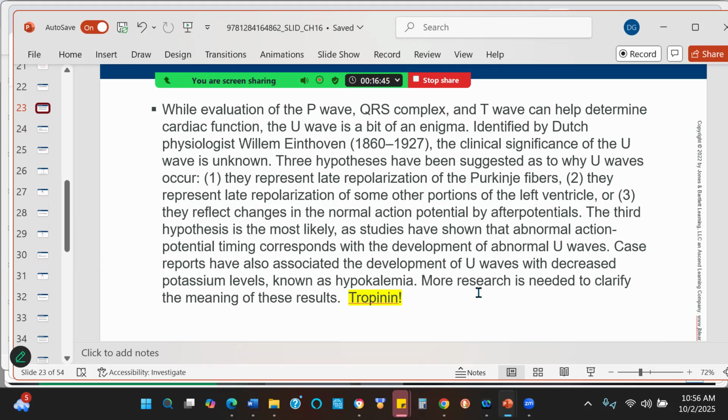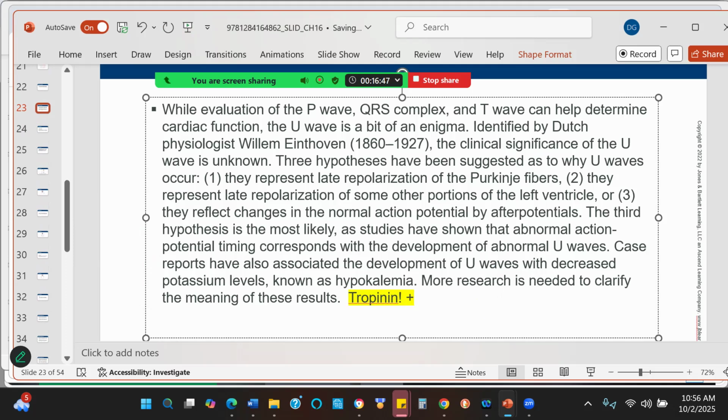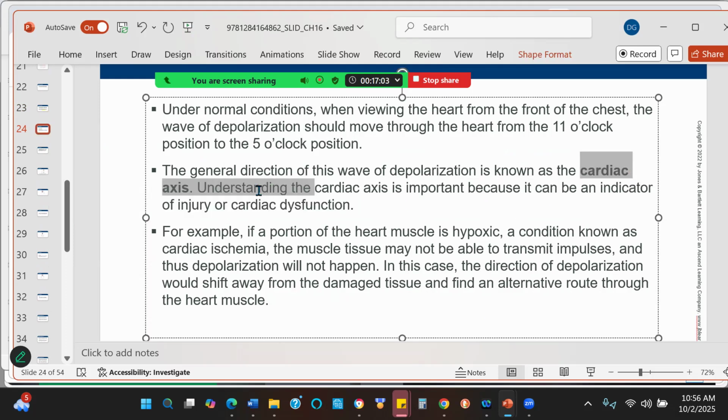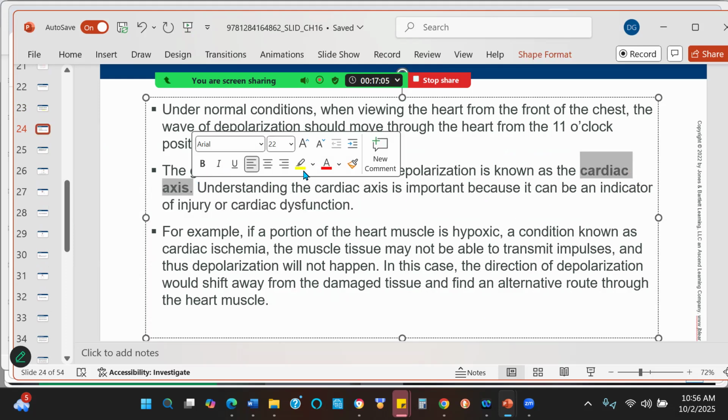So it's troponin plus ST segment changes, usually elevation of the ST segment, but that tells us the patient is having a heart attack.